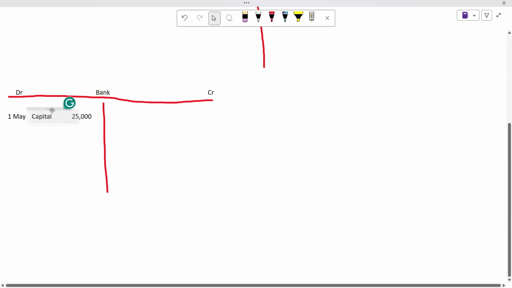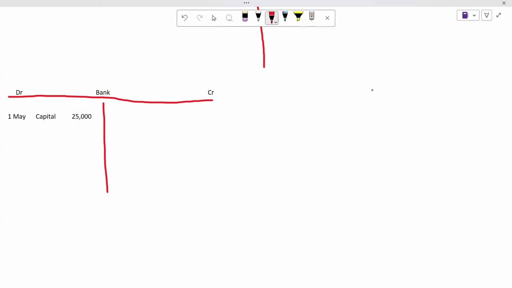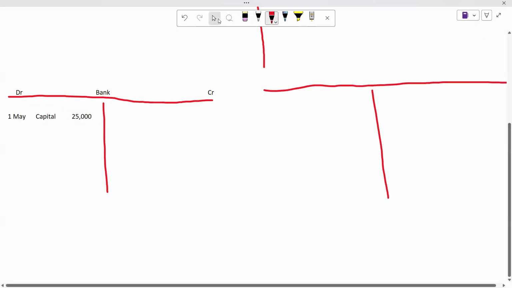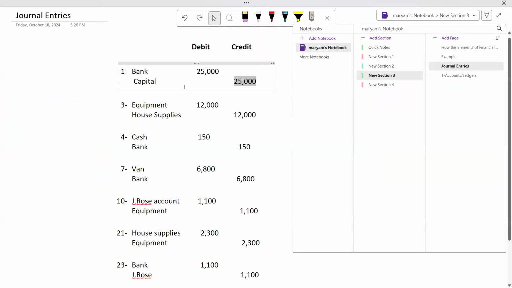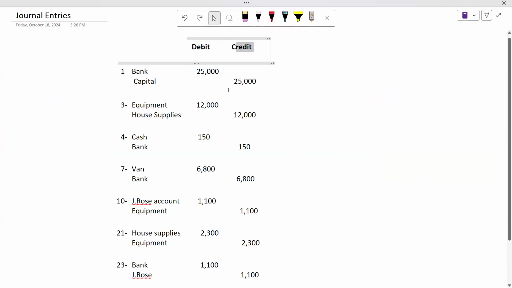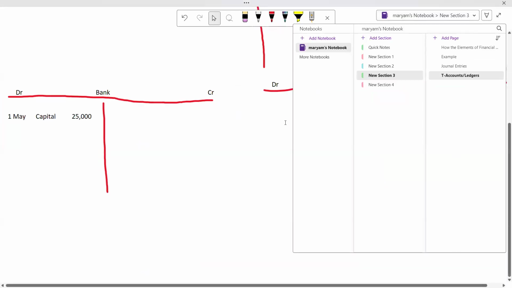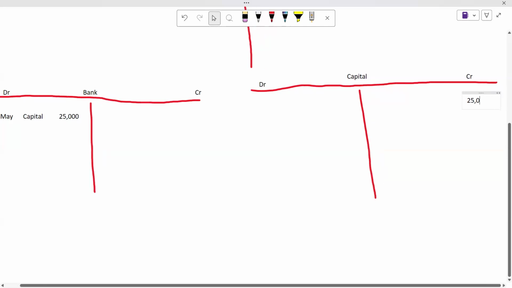We have solved the T account for my bank entry. So another T account will be created in the name of capital, because according to the journal entry we have two accounts. So this one will be called capital. This is the debit side, and this is the credit side. And in my journal entry, my capital is being credited for 25,000. No problems, we're just going to enter 25,000 here.